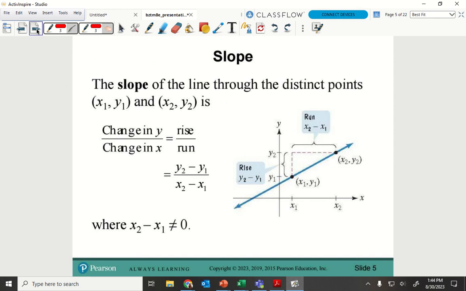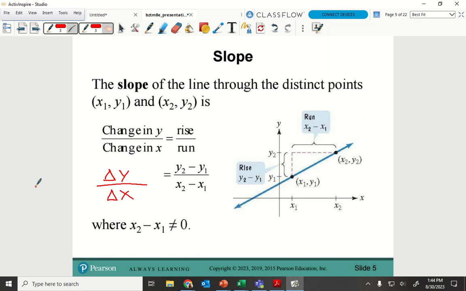All right, let's go. Next one is slope. Slope of the line through distinct points x1, y1, x2, y2. It's a change in y over the change in x, which is rise over run. Also, you're going to see this one as delta y divided by delta x. You will still see this definition if you go into the book, or you say help me solve this, or go into one of those other teaching tools that helps you finish this.